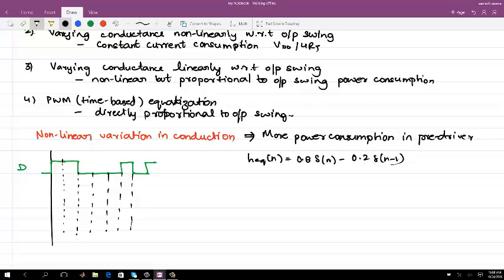The output of the equalization in this format will be, here the output will be 1 correspondingly. Then you have 0.6, for example, and then when you go to minus 1, then you will have minus 1, right?